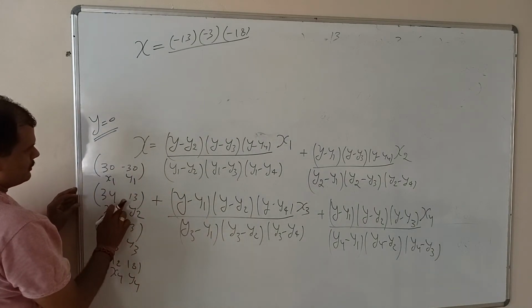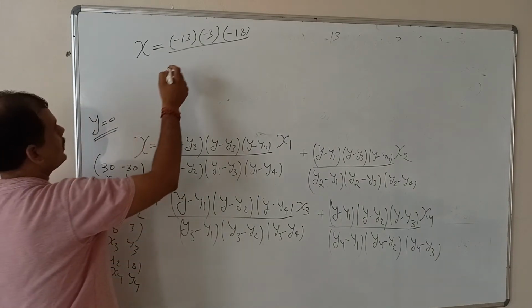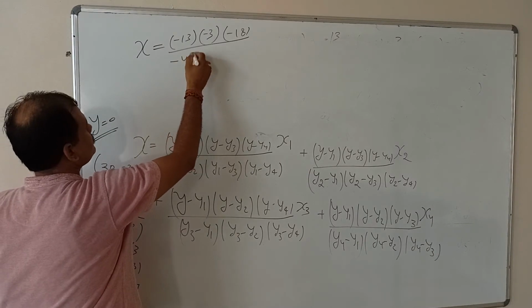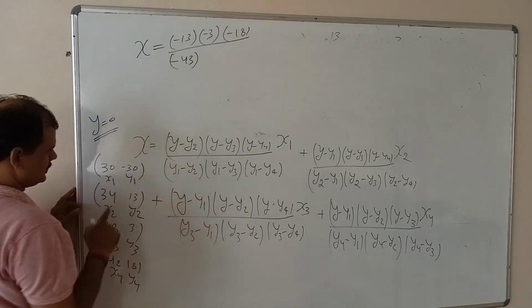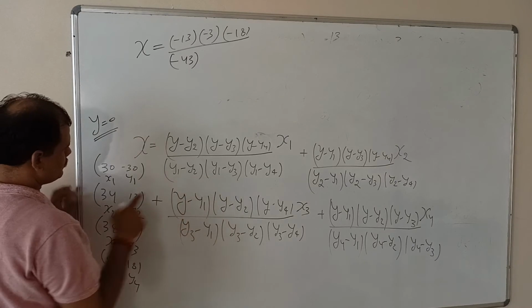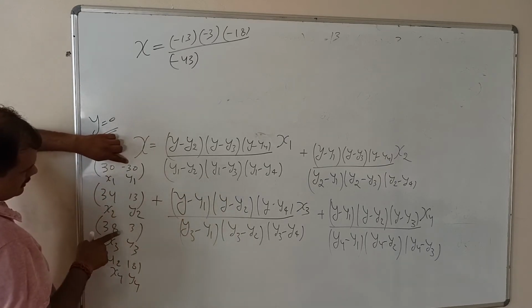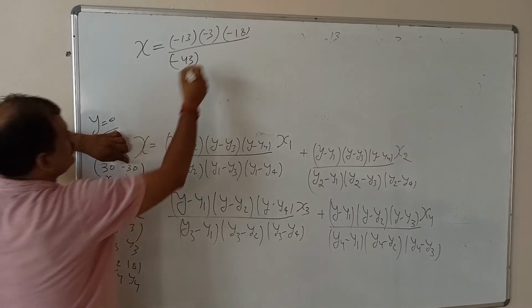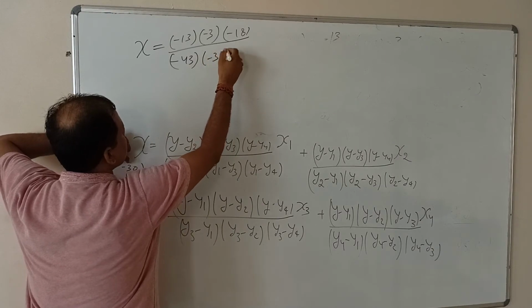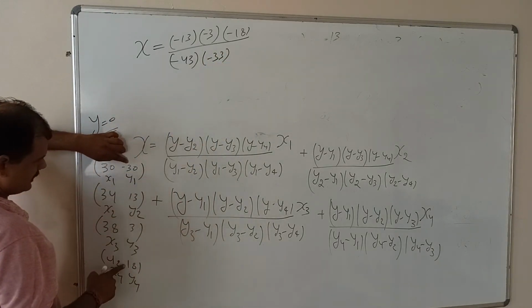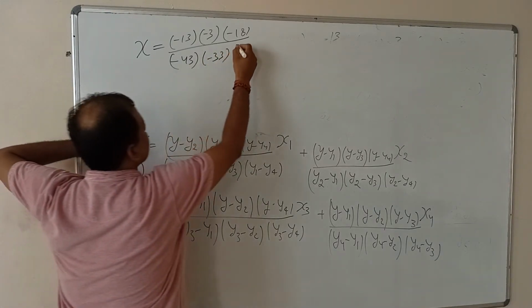So y1 minus y2 means minus 43. Okay. y1 minus y3, so minus 30 minus 3, so minus 33, and minus 30 minus 18, so minus 48.